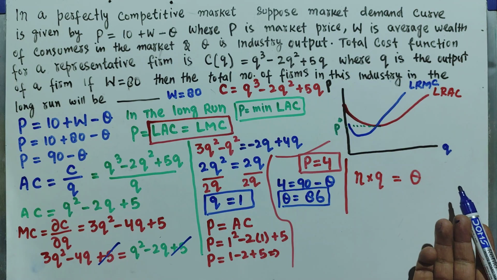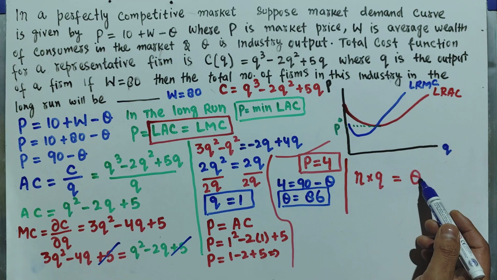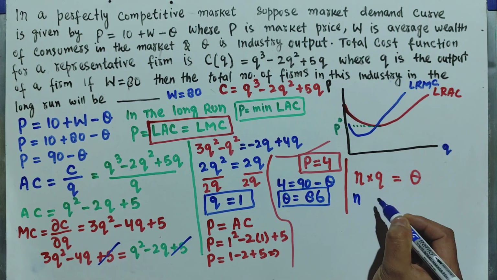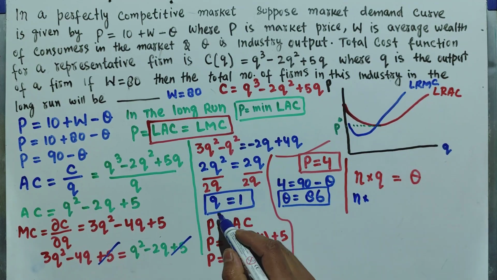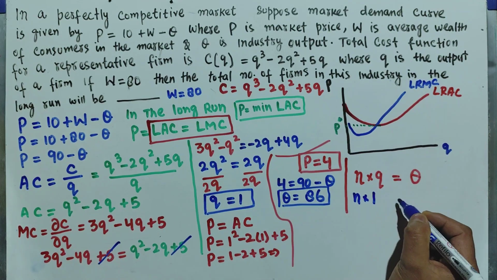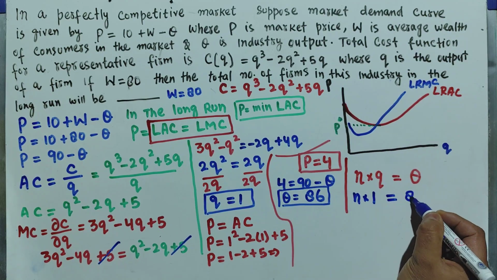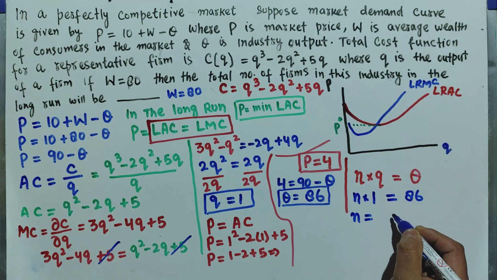There is no rocket science here. Now we need to find N, and the output of the representative firm is 1, so N times 1 is equal to 86.